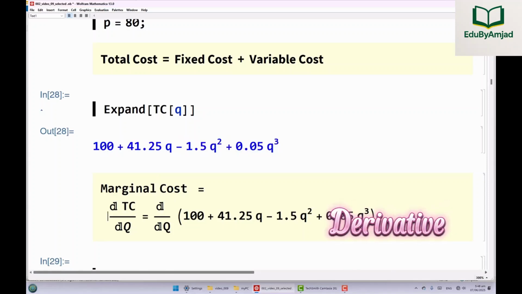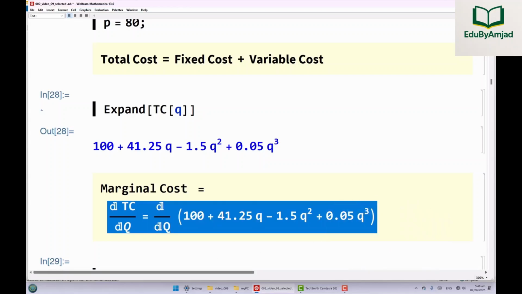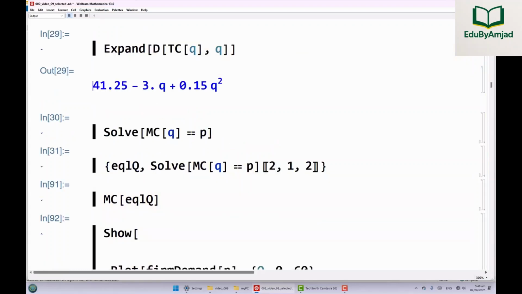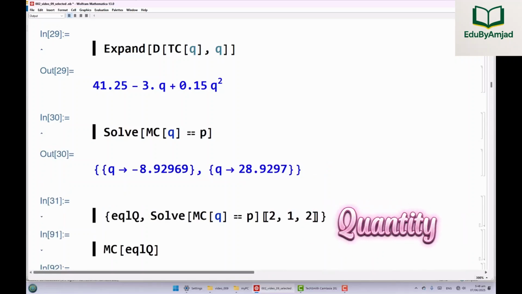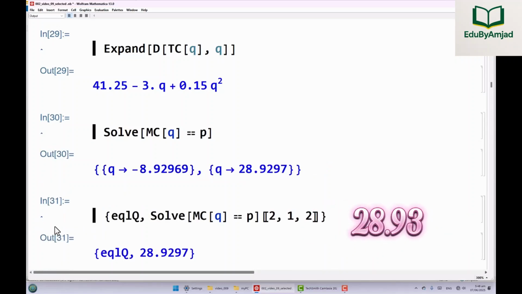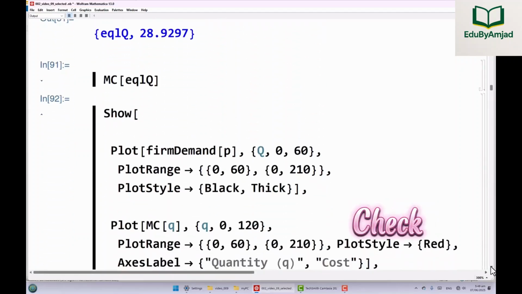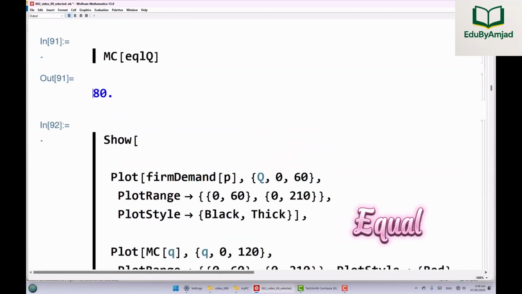Marginal cost is the derivative of total cost with respect to quantity. Equate the two and solve for equilibrium quantity level, which is 28.93 units. Check that marginal cost at this equilibrium quantity is 80, equal to price or marginal revenue.